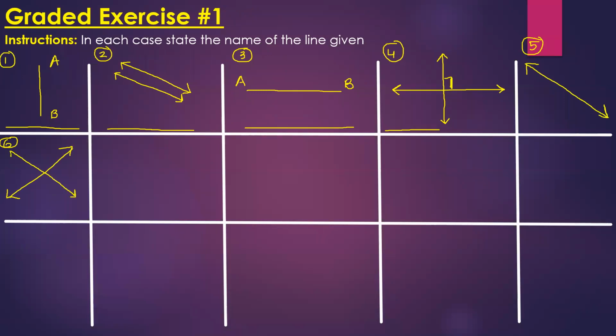What type of line is that? Then number 7. Number 8.